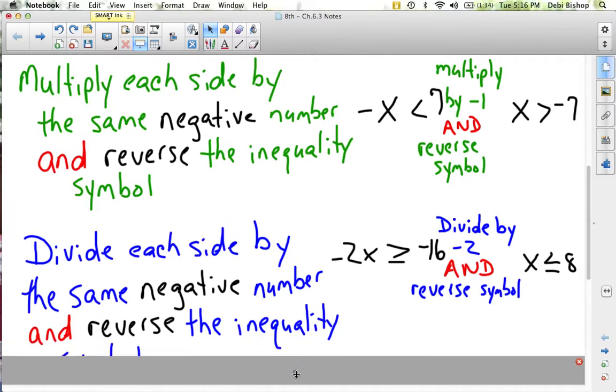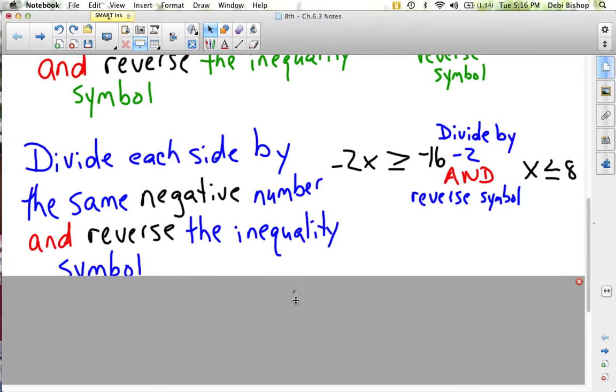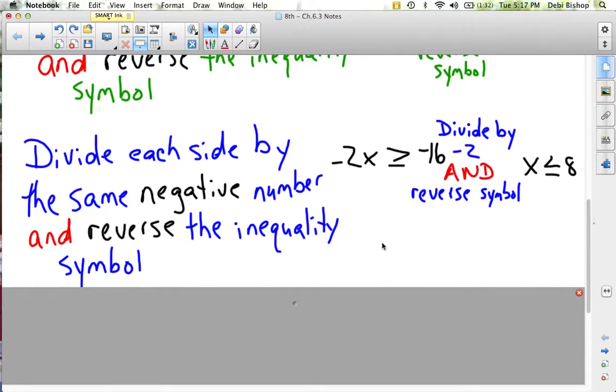So my problem is -2x is greater than or equal to -16. I would like to get x by itself, so I divide both sides by -2. And then I also reverse my symbol. So I am left with x is now less than or equal to positive 8, since you're dividing by two negatives.